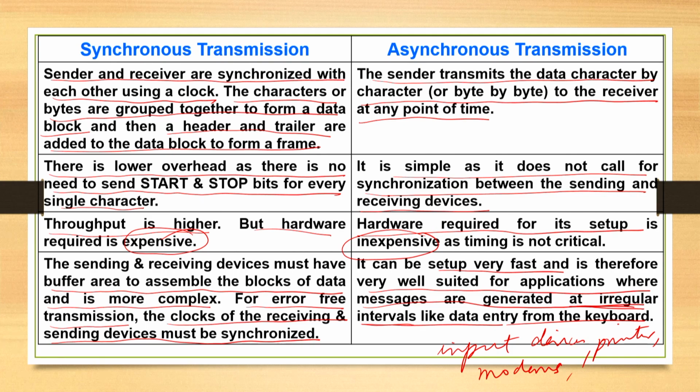Whereas synchronous transmission is suited for communication between two devices that have a buffer to store the individual characters to form a data block of length 80 or 132 characters.